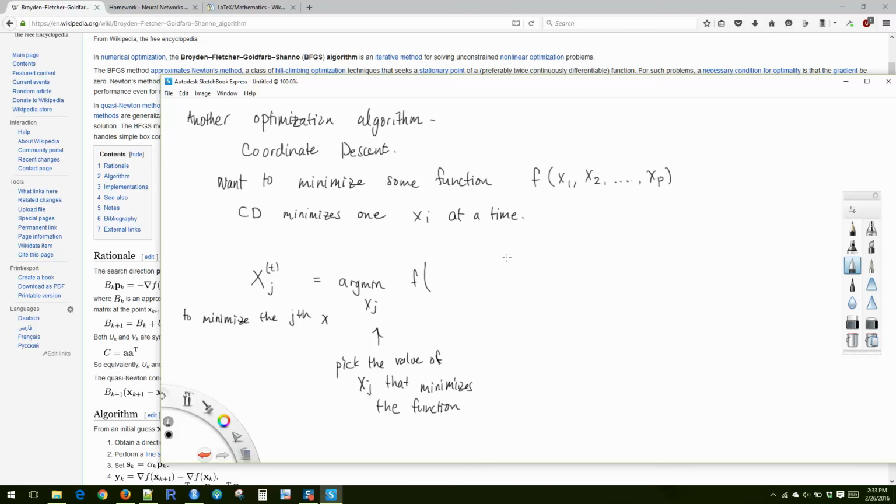And the function at this moment in time consists of, so you start off with x1, so x1 has already been updated to x at time t, and x of j minus 1. So the one prior to the jth element has already been updated to x at time t, and then this is the value that we are changing, and then everything that comes after j is still using the older values.